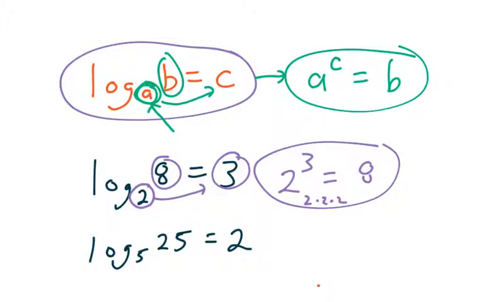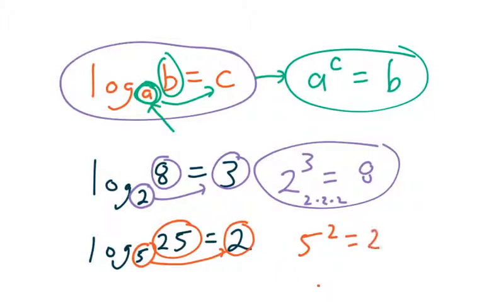If you look at the last expression, notice that log has a base 5 on it. So we read it as 5 to the 2 power equals 25. And of course, we know this is true as well because 5 times 5 is 25.